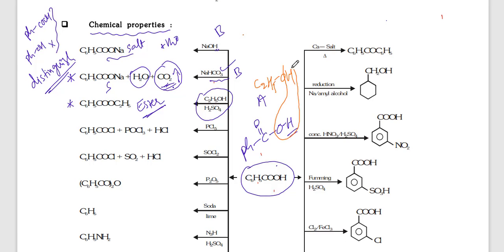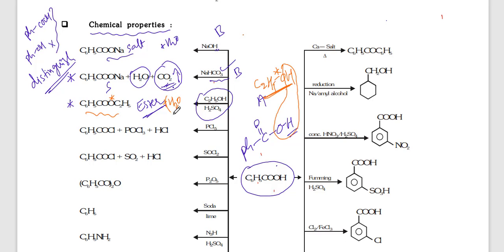This H2O is released. So here they may ask, I am keeping a star on the oxygen. Where is this star oxygen? In the water molecule, the byproduct, or in the ester? Of course it is there in the ester. That means the ethyl alcohol oxygen is in the ester.